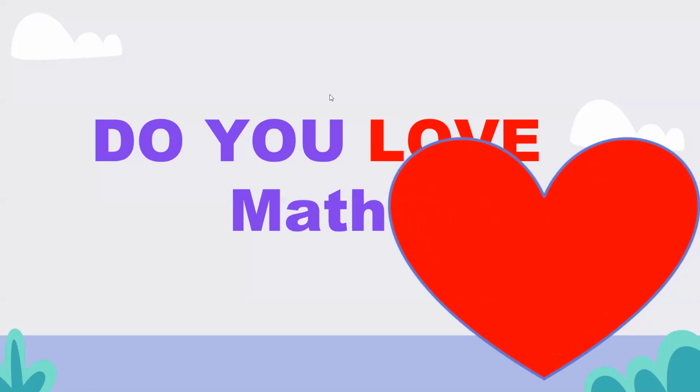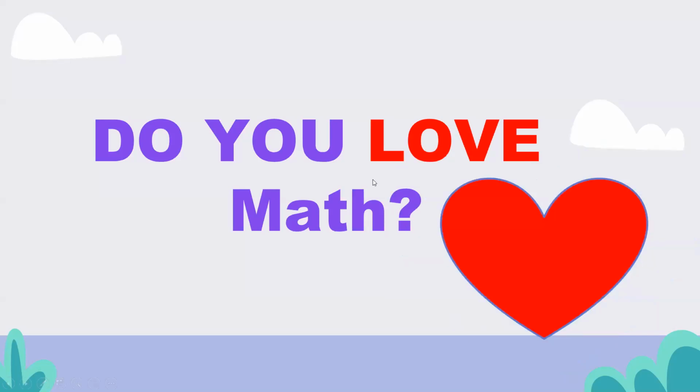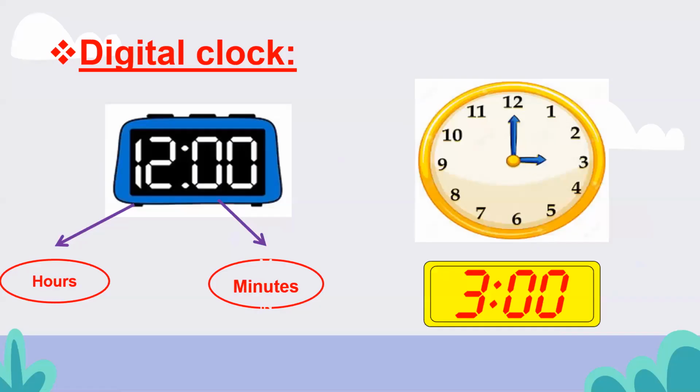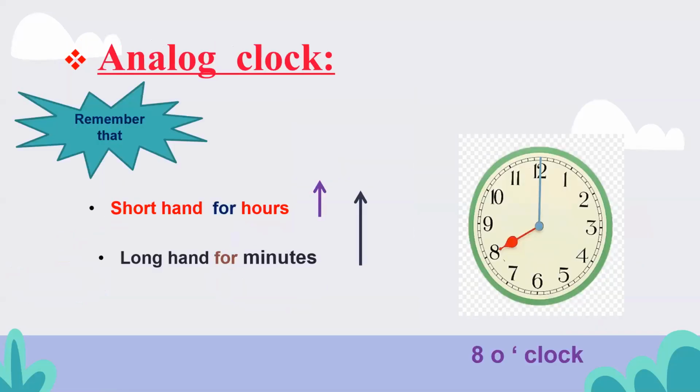Thank you. Do you want me to repeat the clock again? Okay, we will repeat the clock again. We have two types of clock: the analog clock and the digital clock.